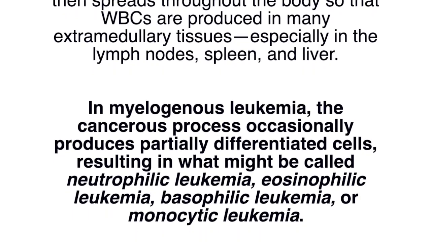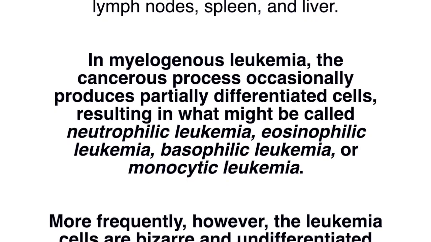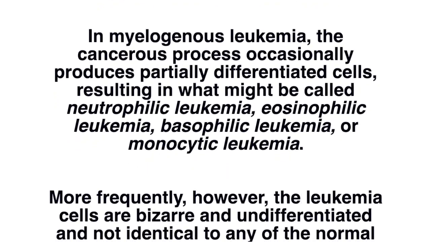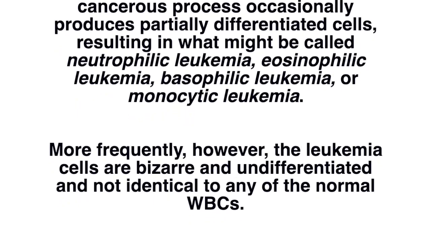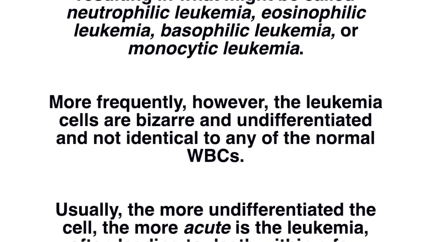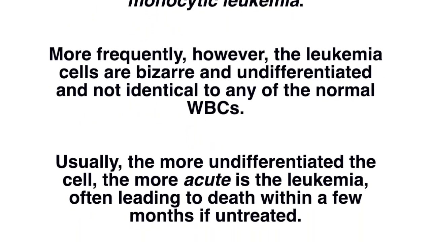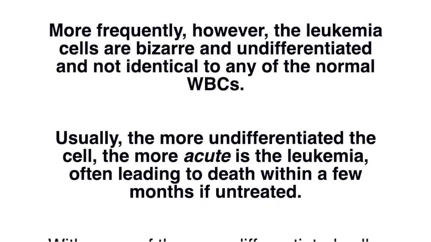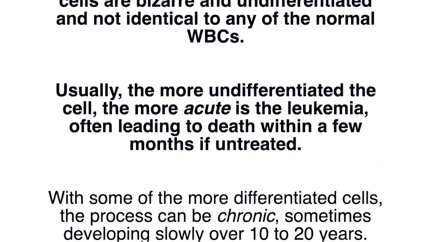In myelogenous leukemia, the cancerous process occasionally produces partially differentiated cells, resulting in what might be called neutrophilic leukemia, eosinophilic leukemia, basophilic leukemia, or monocytic leukemia. More frequently, however, the leukemia cells are bizarre and undifferentiated and not identical to any of the normal WBCs.